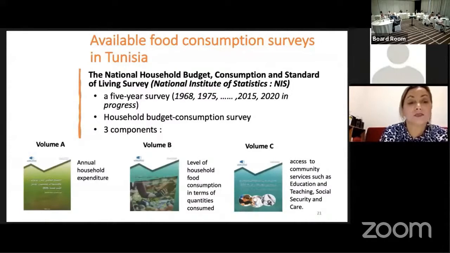Actually, this survey includes 3 components. One about annual household expenditure, the second about the food consumption in terms of quantities consumed, the last one about access to community service. Let us have a focus on the food consumption survey.